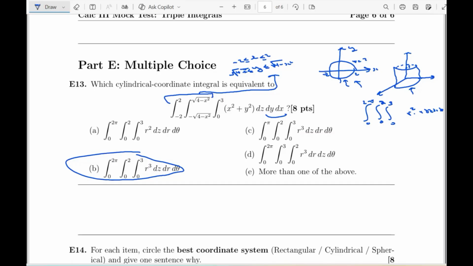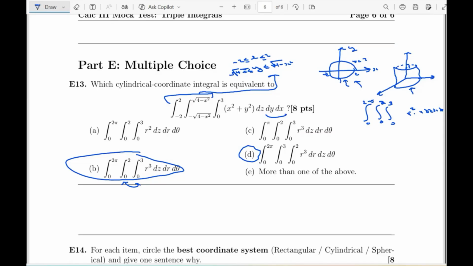In this case, D is also an answer because you can interchange these two integrals. As long as all of the boundaries are constants, this is okay.